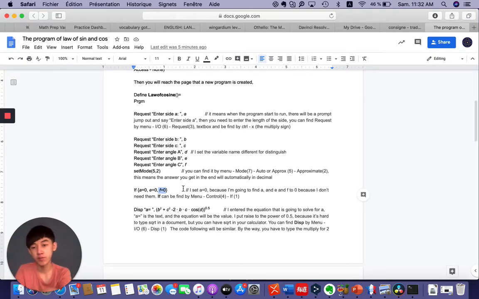The question will give you one angle and two sides for you to find the others. So you will be unknown about a third side and the other two angles. A is the third side that we are going to find, and E and F are just the angles that we don't know.